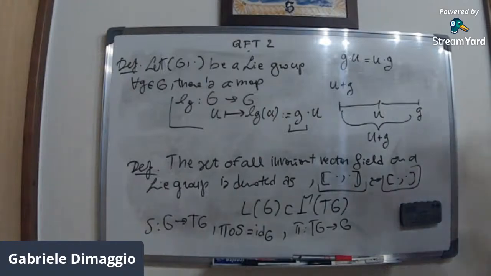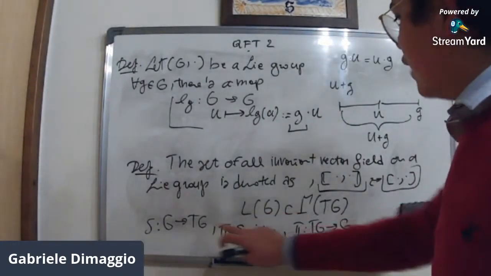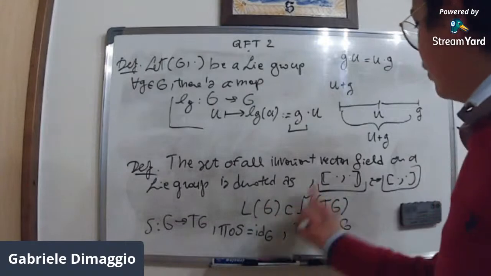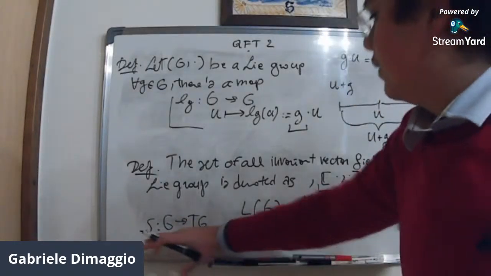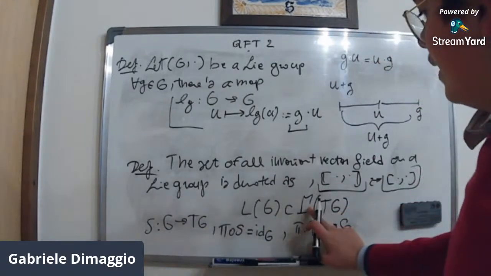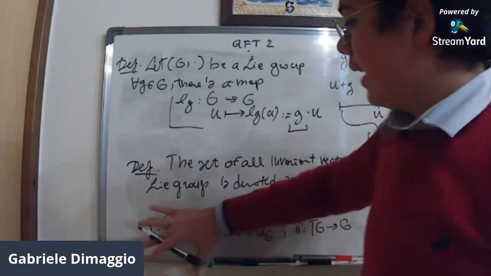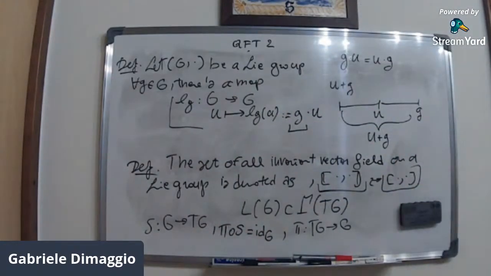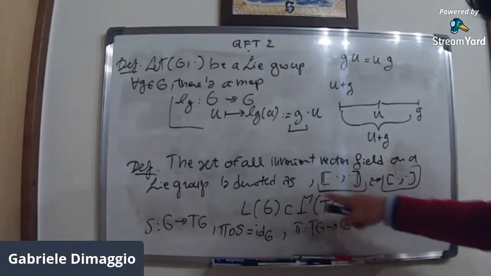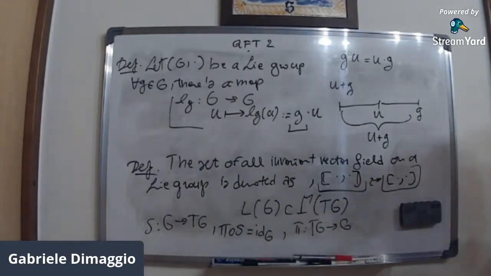Perfect. So the Lie algebra is the subset of all sections over the tangent bundle, and this is a section. This gamma set is the set of all sections over the tangent bundle. And so I have this differential Lie bracket.